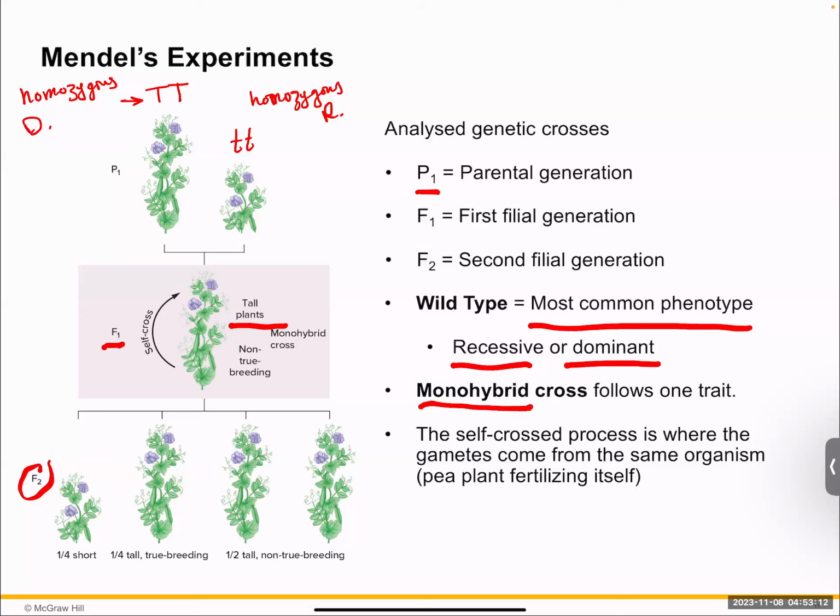But here's what I want you guys to understand. If I'm looking at the words that are here, and we'll explain where these come from, when we talk about the short, that means it's fully homozygous recessive.